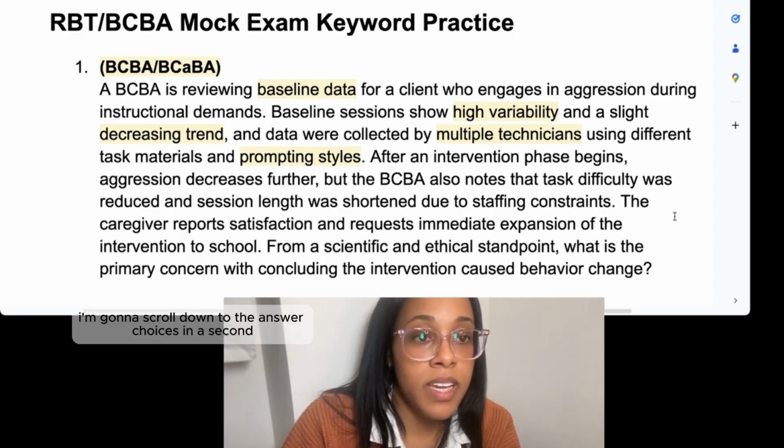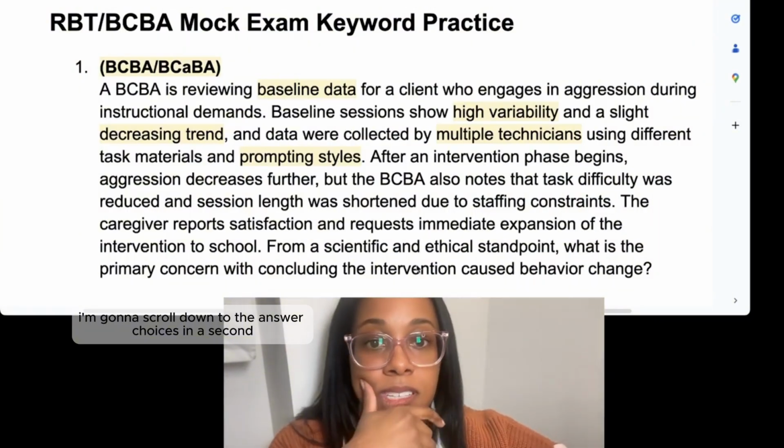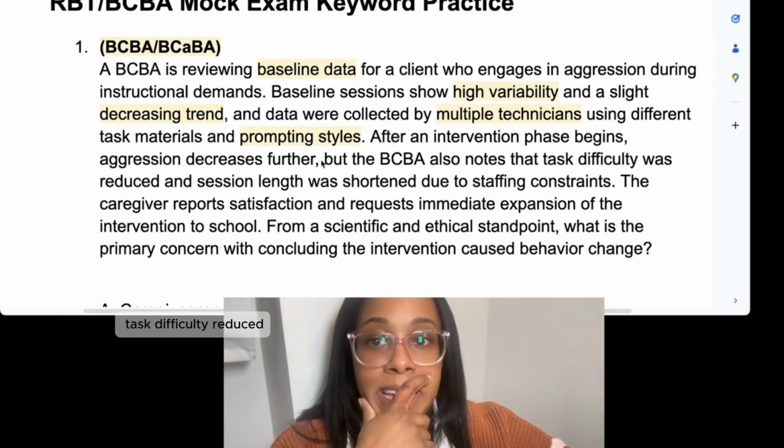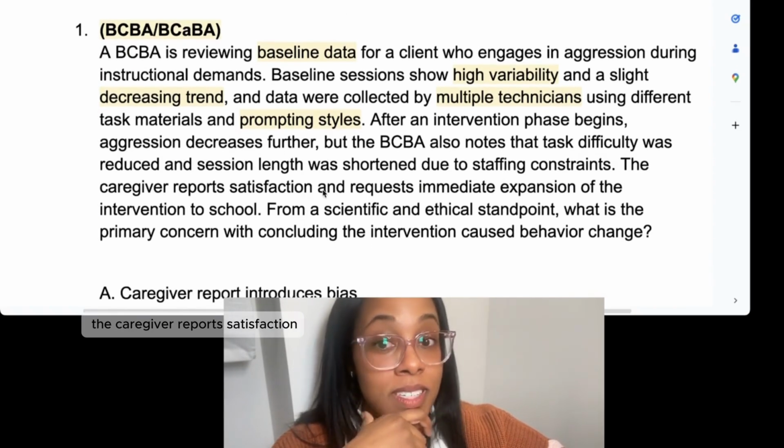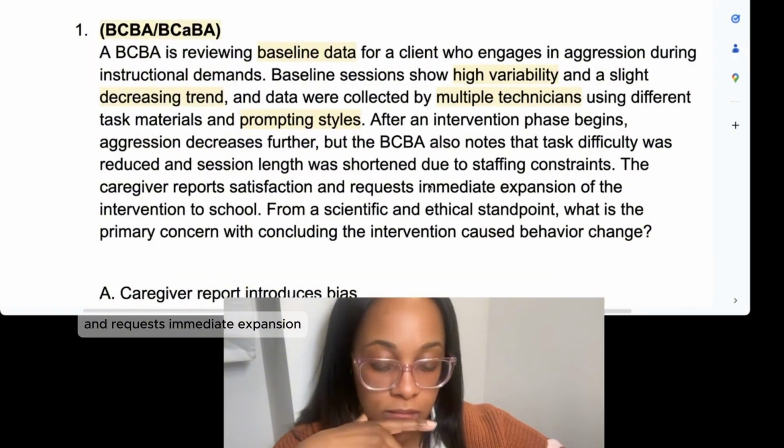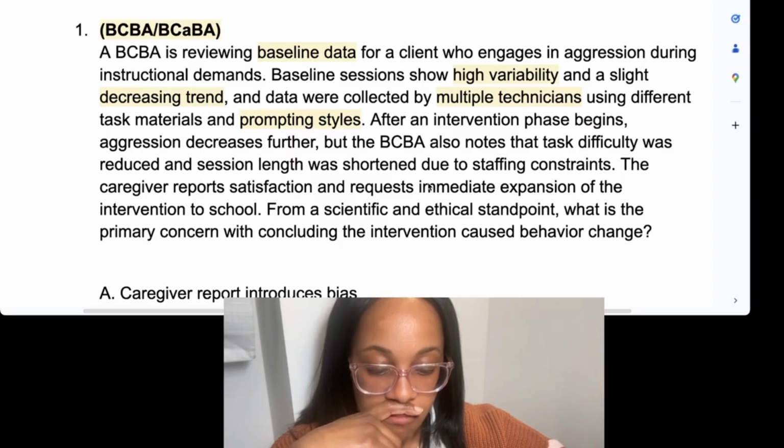All right, I'm gonna scroll down to the answer choices in a second. Task difficulty reduced, session length shortened, a lot of inconsistency, right? The caregiver reports satisfaction and requests immediate expansion. Okay.